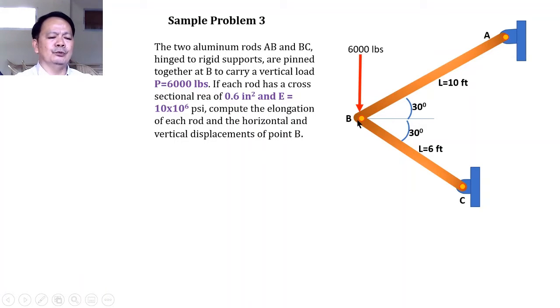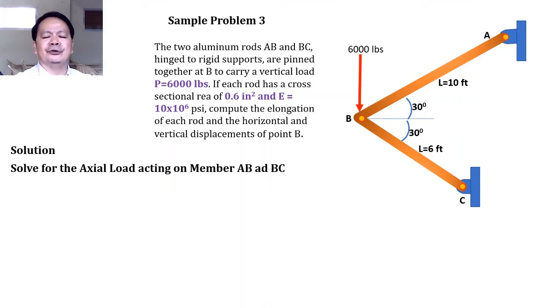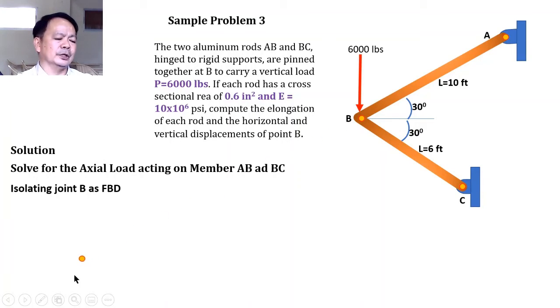So let us try to work on this problem by solving first for the axial loads acting on each of the members AB and BC. And we can solve for this by applying the method of joint. That is, if we're going to isolate joint B as FBD, then we shall be having this as our illustration. Let us try to take this B as our joint, and from here we show the forces acting.